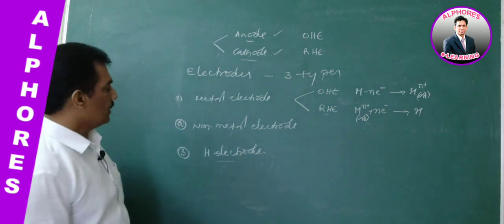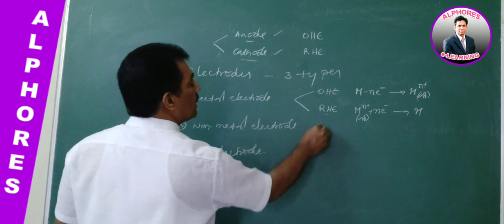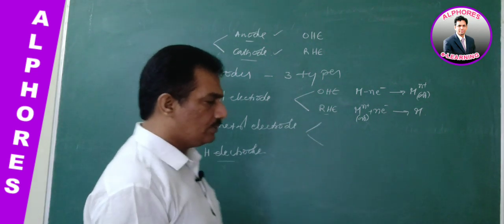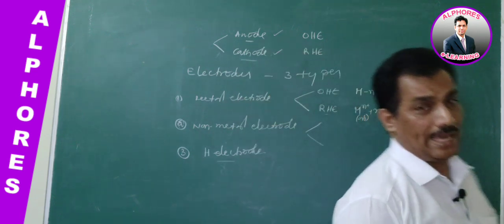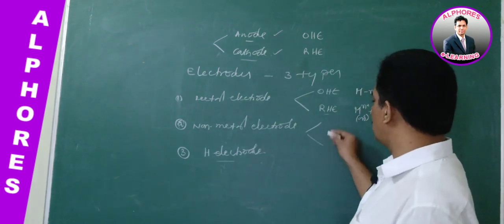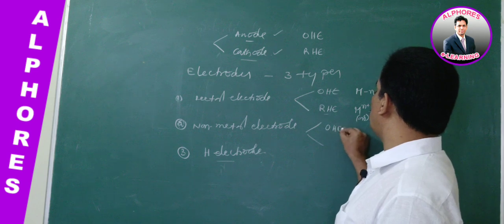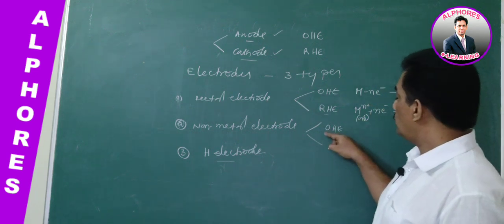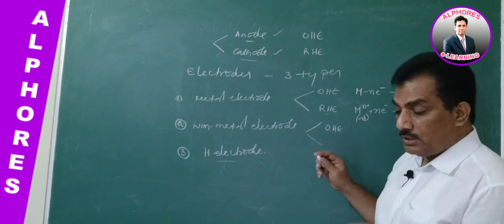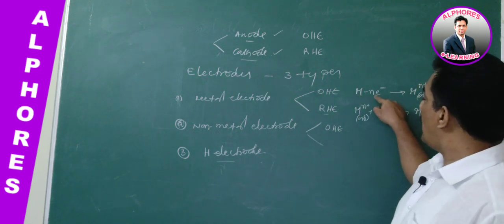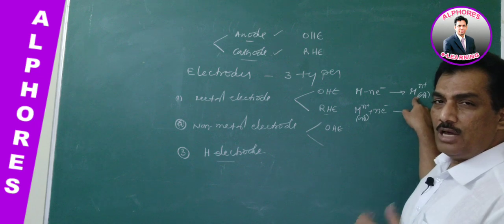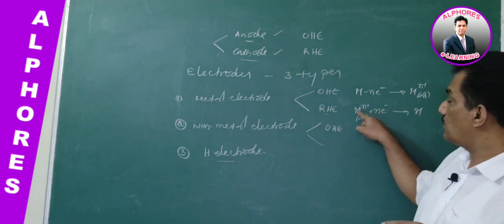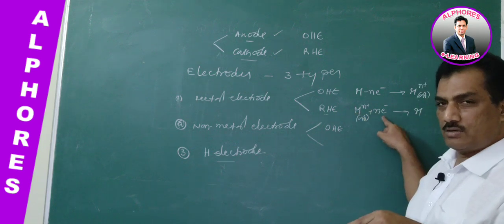Similarly, in the case of non-metals, other than hydrogen, we can represent them with the letter X. Now let us consider the non-metal as OHE. OHE is oxidation. In the case of metals, the metal atom is releasing electrons, and the reduction involves the metal ion taking the electrons.